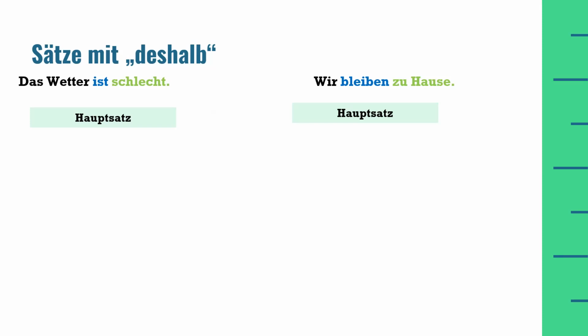two sentences. Das Wetter ist schlecht, the weather is bad. Wir bleiben zu Hause, and the outcome of this is that, or the reason for staying at home is that the weather is bad. Now, if we want to combine these two sentences with deshalb, then in the first Hauptsatz the subject will come at first position, at second position we will use the verb and we will conjugate it according to the subject of the Hauptsatz, then comes the object.